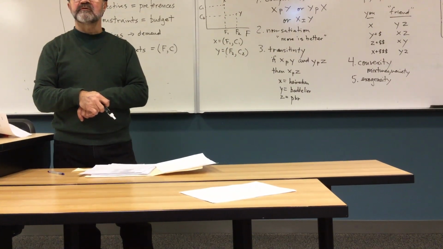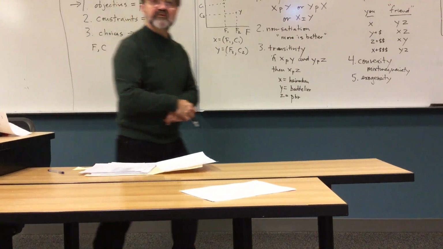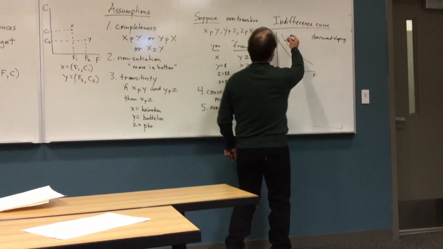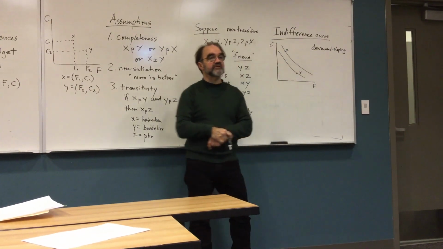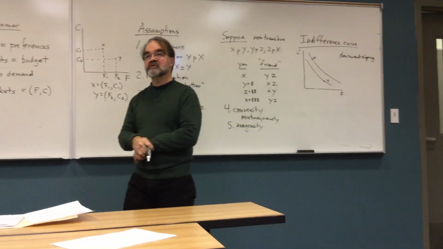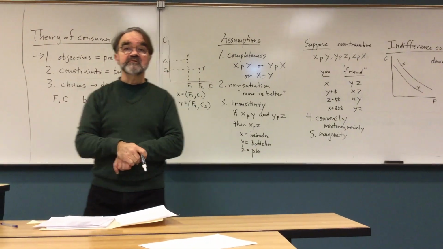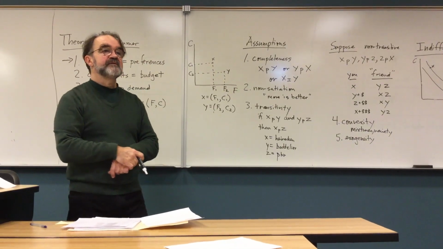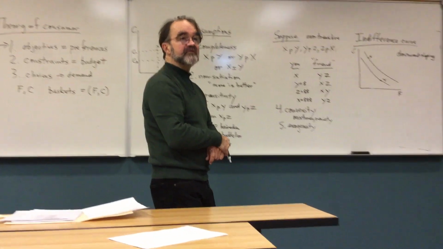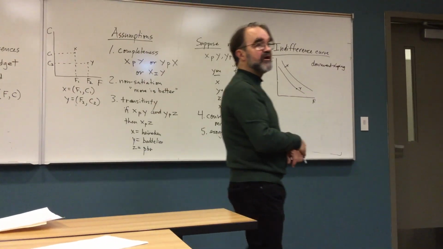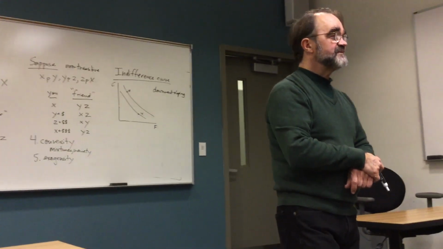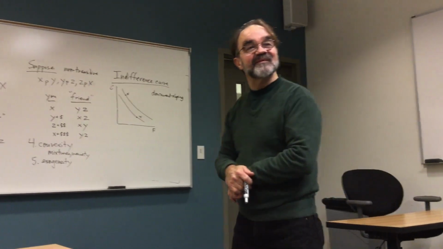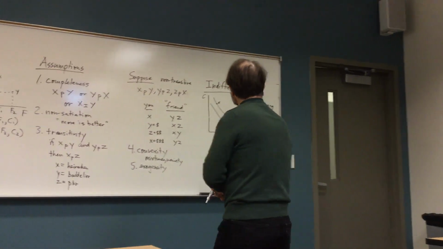They're indifferent? Well, X and Y are not on the same indifference curve, right? X is on one indifference curve, and Y is on another. They're not touching each other, they're not intersecting. But on the basis of this graph, can you tell me if X is preferred to Y, or Y is preferred to X? Yes, you can. Is X preferred to Y? Yes, X is preferred to Y.